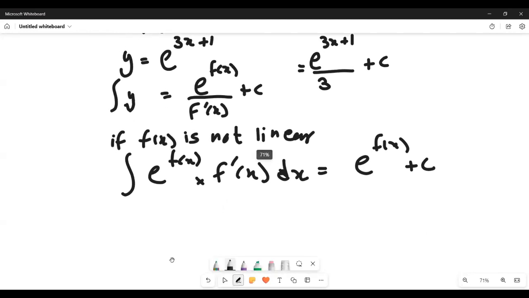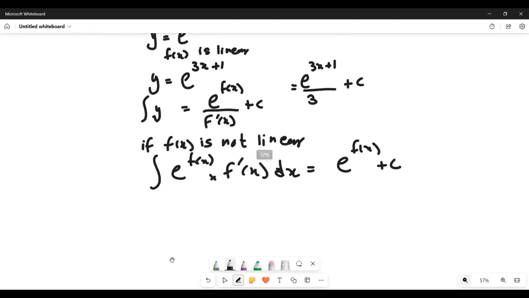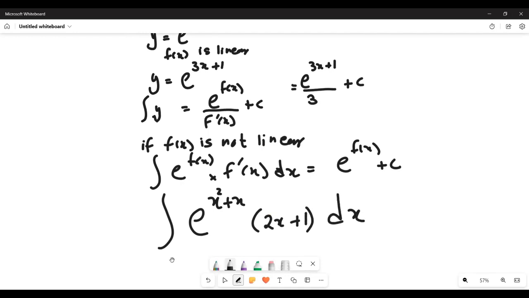Example of that would be integrate e power, let's say, x square plus x. Now the derivative of x square plus x is 2x plus 1. So you must have that in the bracket as well. 2x plus 1, and then there would be a dx with that.